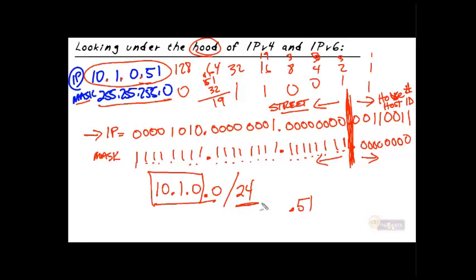CIDR is the acronym for classless interdomain routing, and it's just another way of representing how long the mask is. So if somebody says the mask is 255.255.255.0, or they say the mask is /24, they are both representing 24 bits of network, which means the last 8 bits are representing the actual house number or host number.